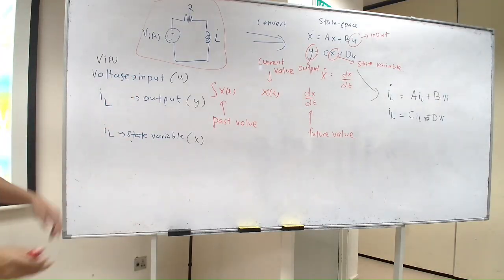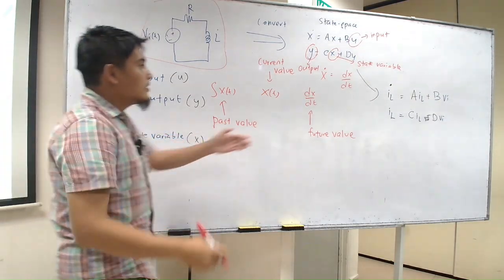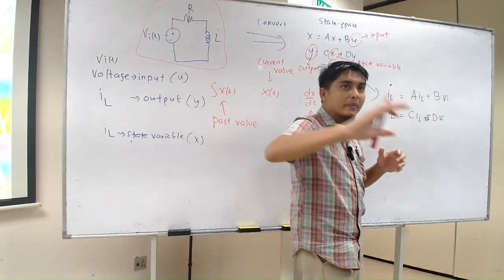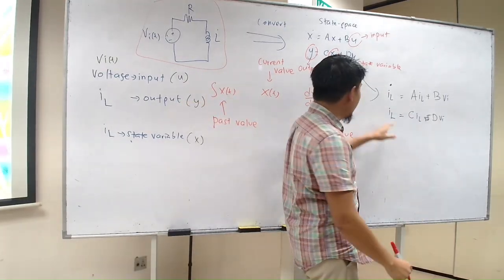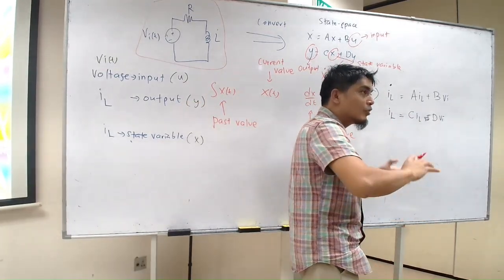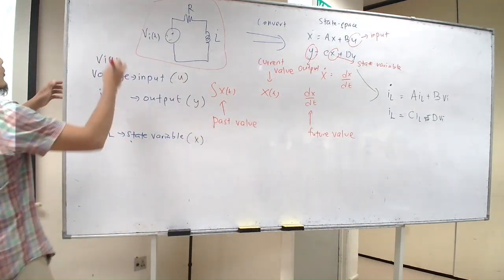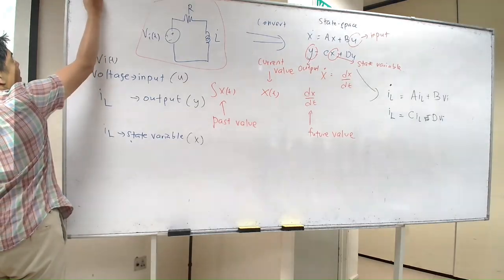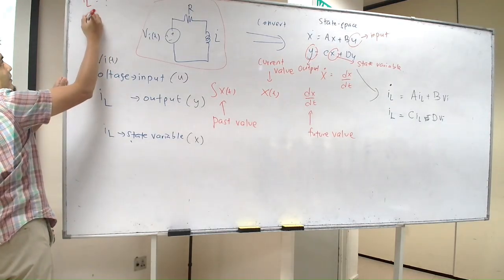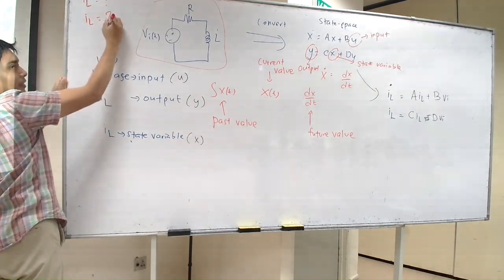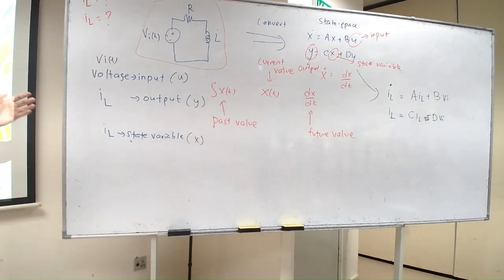Whatever you do, because this equation is IL dot equal to something, is it? And then the second equation is IL equal to something. Whatever you do, you must make sure you find the IL dot equation and the IL equation. Is it? That's your target.